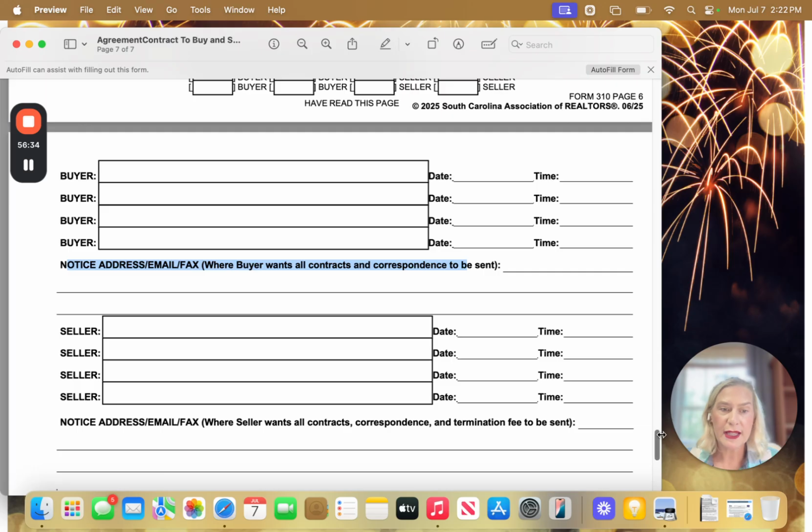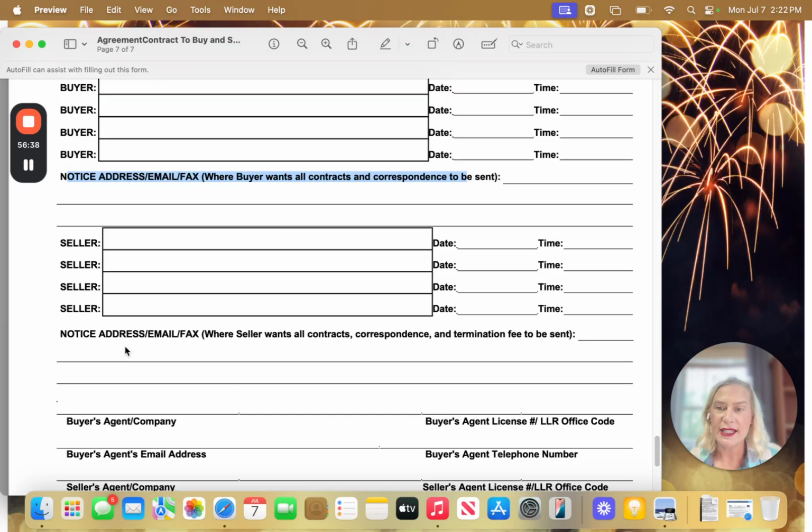The reason why I'm bringing this up is because the next section is the seller section. And it says notice address, email, or fax, where the seller wants all contracts, correspondence, and the termination fee to be sent. Y'all, this is so important. If you are countering and you've got a deal, make sure that the listing agent gets this section filled out because we need to know where they want the termination fee to be sent.